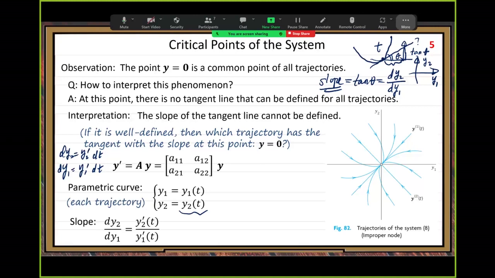But what is y2 prime? We need to calculate y2 prime and y1 prime from there.